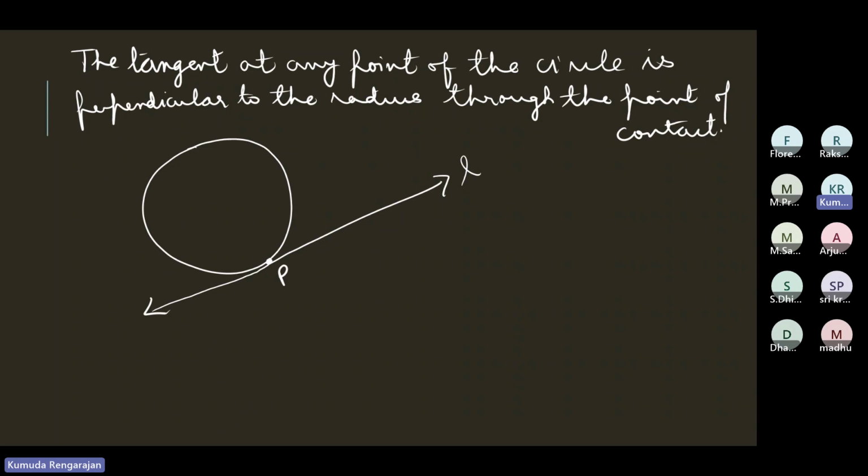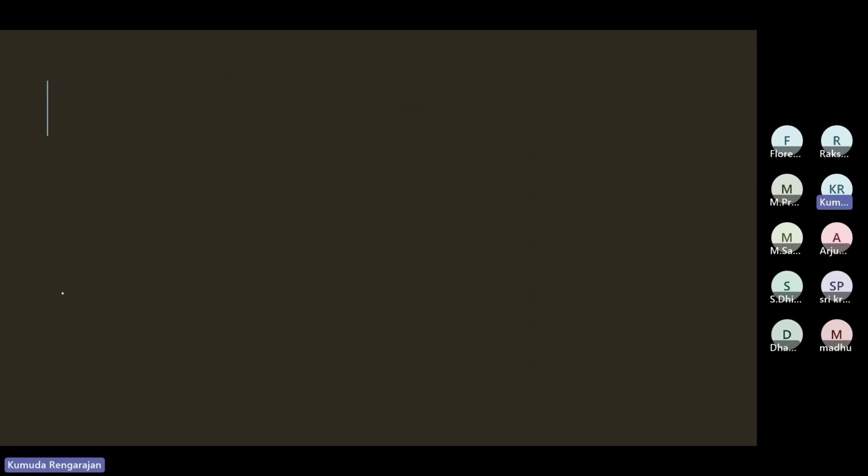P is the point of contact, and OP or PO is the radius drawn through the point of contact. So this radius OP and this tangent L are perpendicular to each other. This is one.